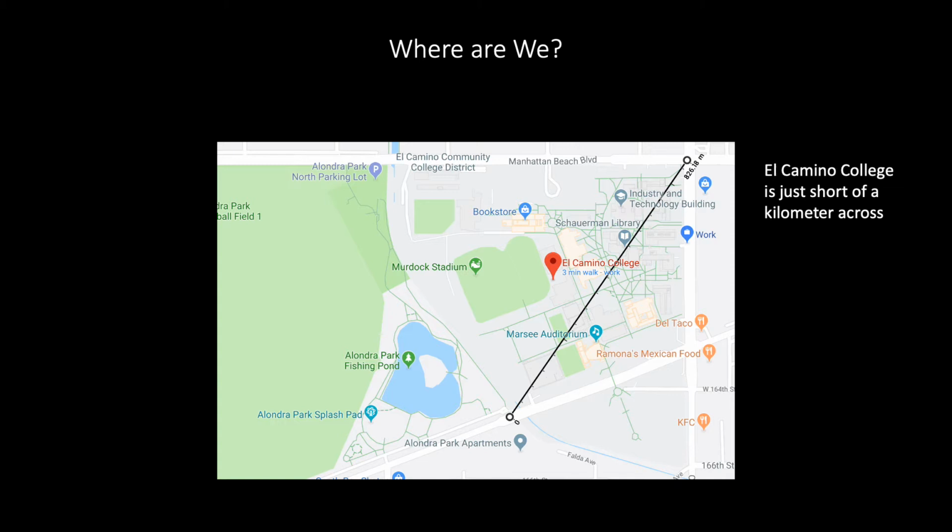And if you've been on campus, great, but if you're new, this probably isn't a good point of reference for you, so just think of any school campus. From the McDonald's to the opposite side of campus, from one corner to the other, is just short of a kilometer across. So when we're talking about a kilometer, think about the size of a school.